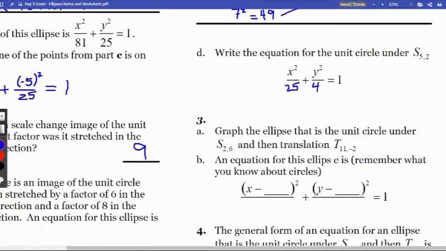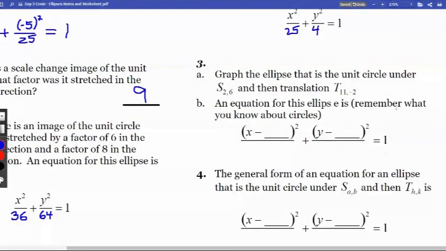And then finally, this notation, this uppercase T, is talking about a translation. We've seen this with circles. The general form looks similar to what our circle general form was. The horizontal scale factor of 2 means we'll have 2 squared, or 4, in the denominator of the x term. A scale factor of 6, we'll put a 36, the 6 squared, in the y term.